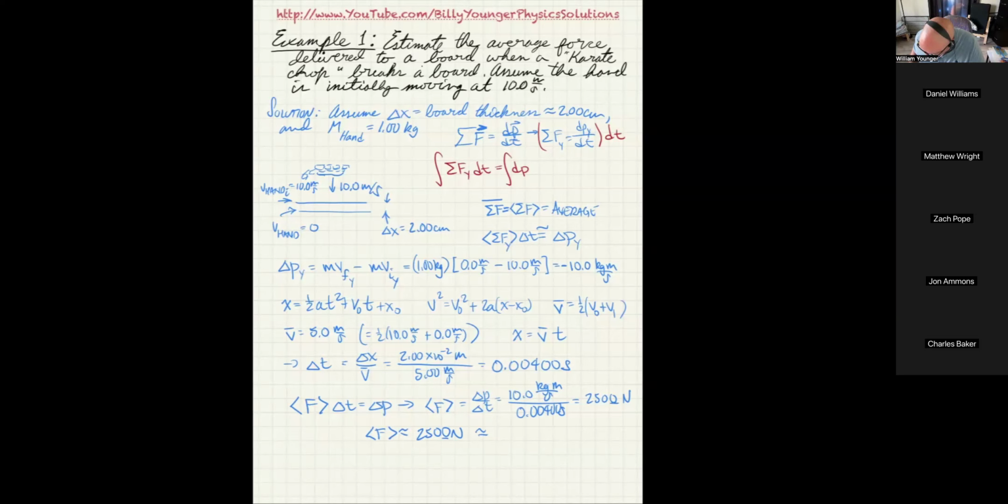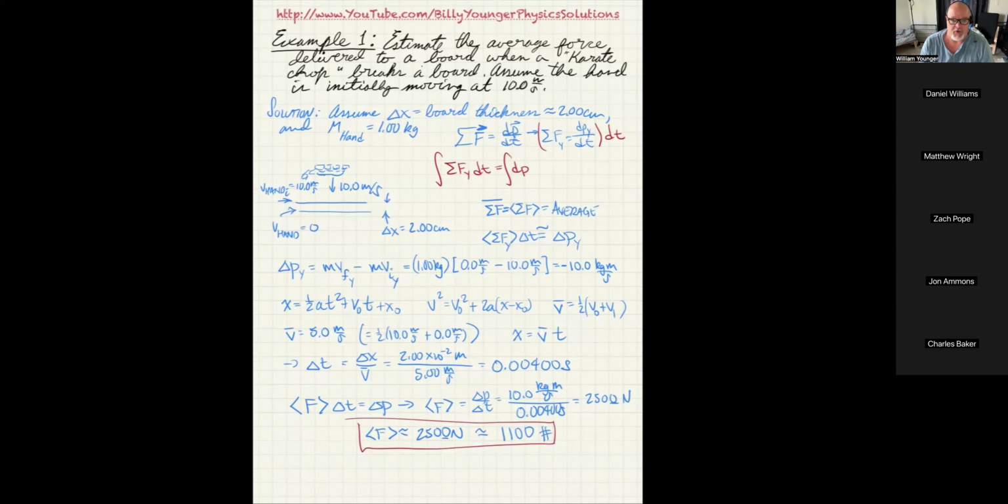So I'm going to divide 2,500 divided by 2.224, I think. Maybe that's it, I can't remember. Anyways, I'll do that, and that's on the order of 1,100 pounds. So that gives you a good idea of roughly the size of the force that hand applies to the board in this particular situation.